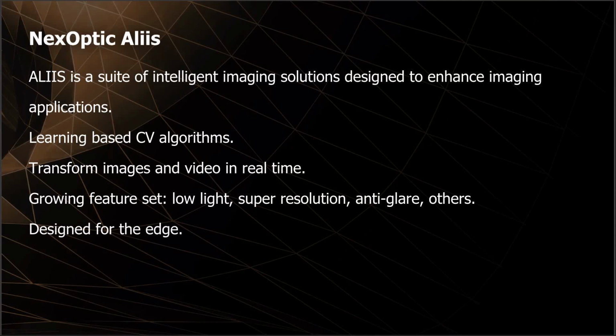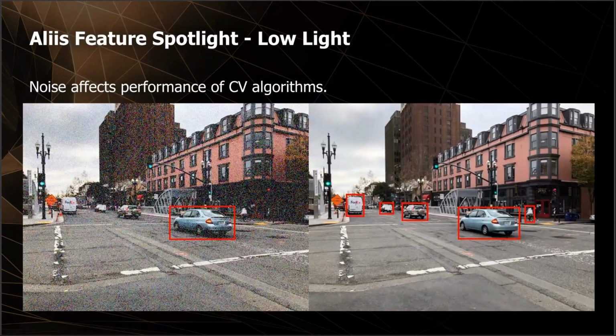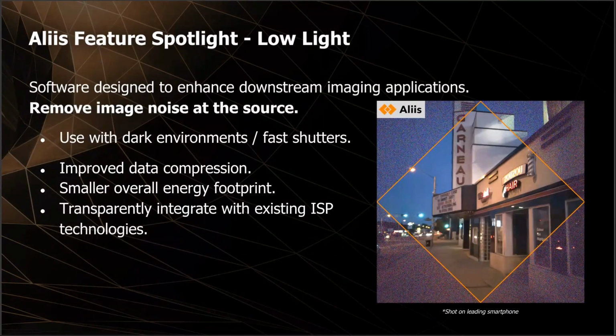Let's spotlight on ALIIS Lowlight. This is software designed to enhance downstream imaging applications. With ALIIS Lowlight, the utilization of edge processing allows us to remove image noise at the source.